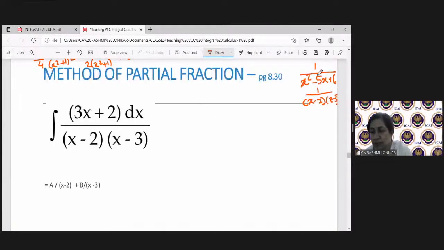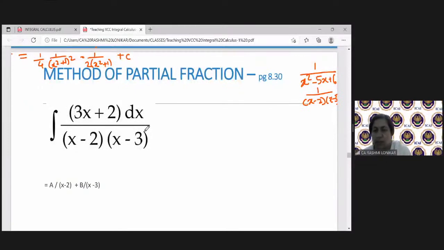So you may sometimes even have something like this in the denominator, and then you have to use the method of partial fractions. In the method of partial fractions, what it says is that I will take whatever sum is given: (3x + 2) upon (x - 2)(x - 3).